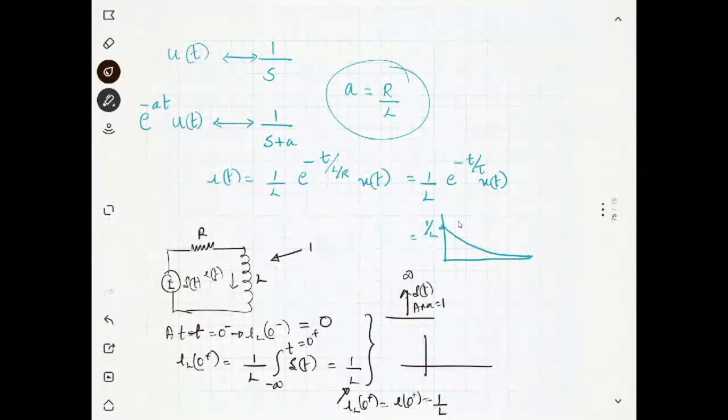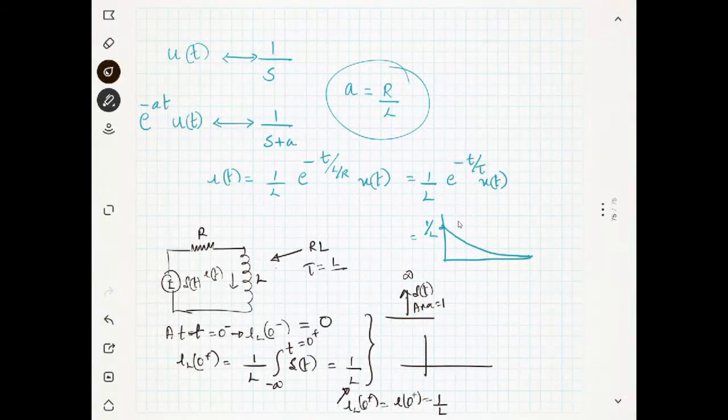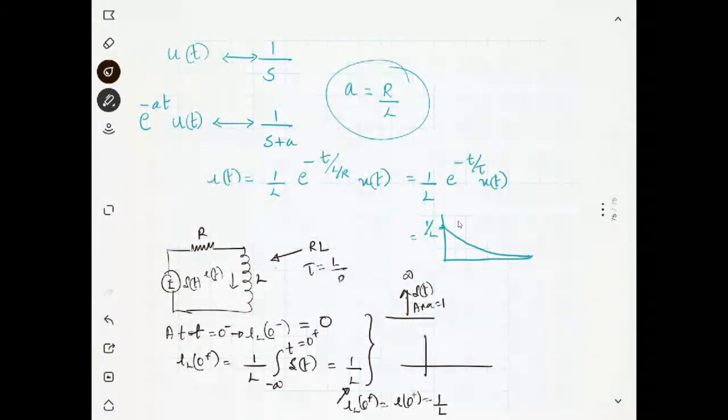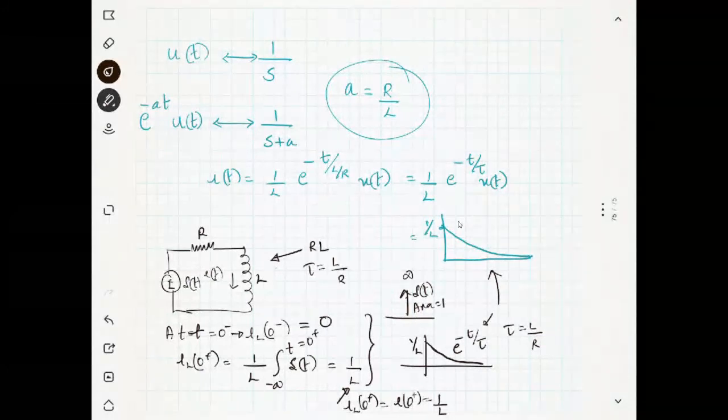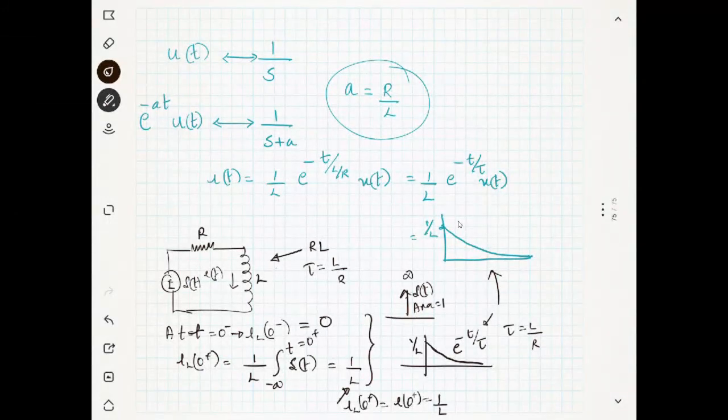In an RL network, the time constant is L over R. So the response starts with initial value 1 over L, and becomes e power minus t over tau, where tau is equal to L over R. So both are the same. Whatever you get using Laplace transform and whatever you get using time domain analysis, both are the same. This problem is clear to you.